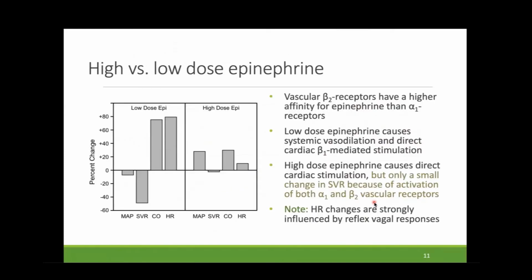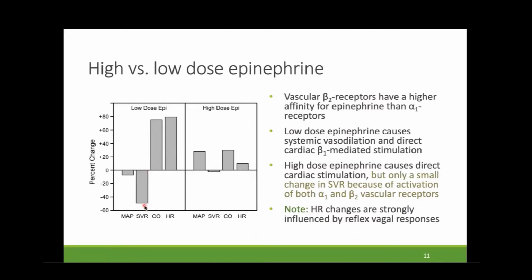But let's concentrate a little bit more on epinephrine because in the last slide, we were looking at a low dose. And I want us to contrast a low dose of epinephrine versus a high dose of epinephrine. With a low dose of epinephrine, we will see a large reduction in systemic vascular resistance.